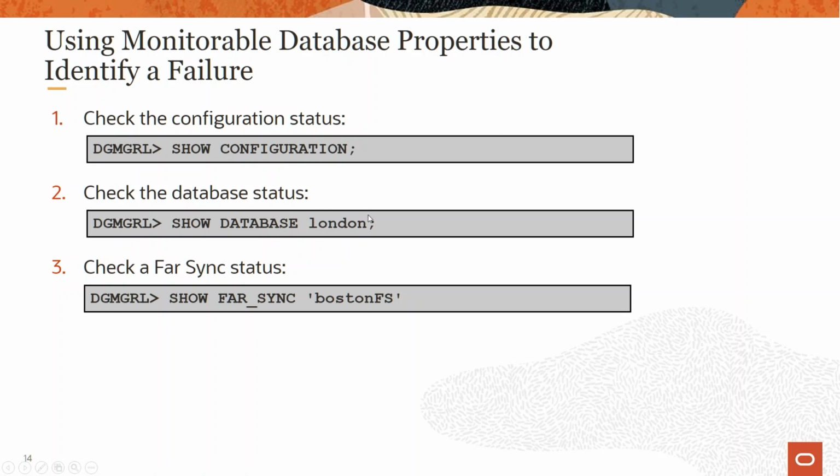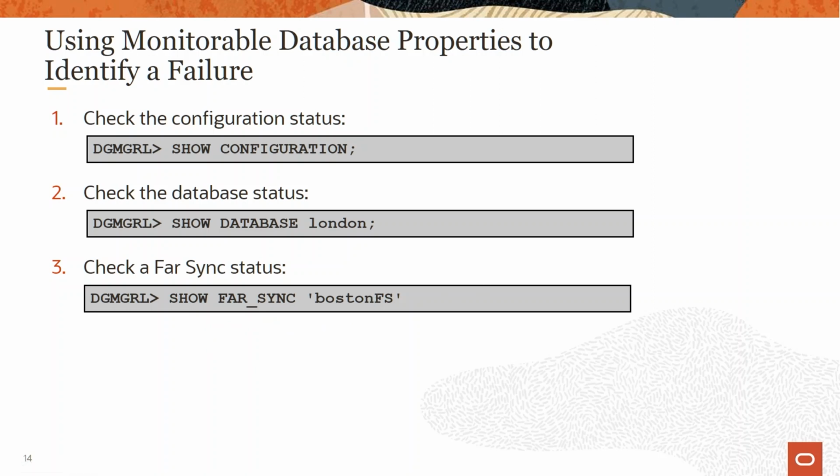If this is a physical standby database, it will show you transport lag information and apply lag information. And also, if you want to display far sync instance status, then we use show far sync and then the far sync instance name. So that's what you can do.